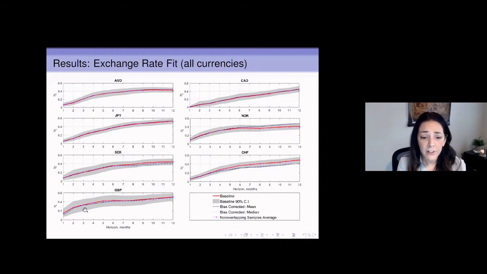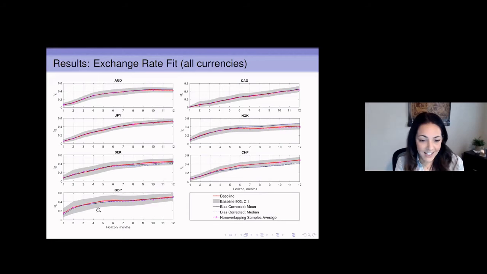Now, this pattern holds for all these currencies as well. Even though in the short end the fit of the model is not that good, we see that the fit of the model improves substantially as we move further into different horizons. Now, you might ask, what are all these different lines?